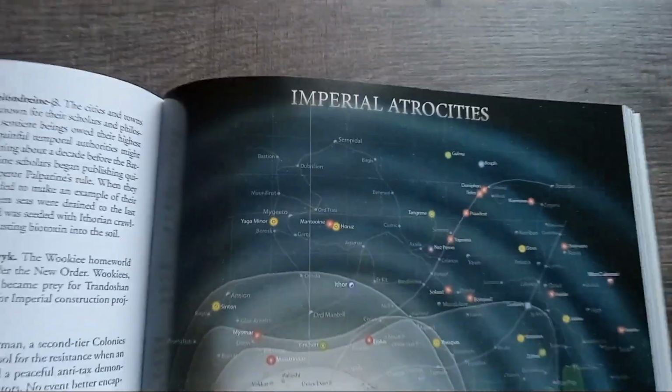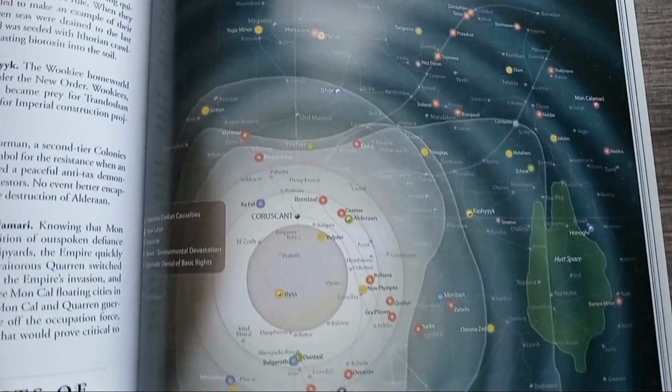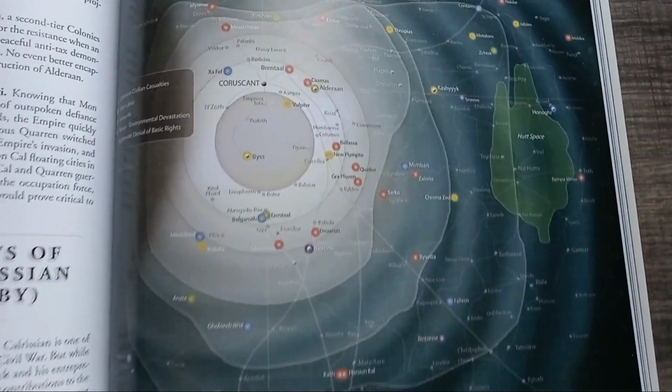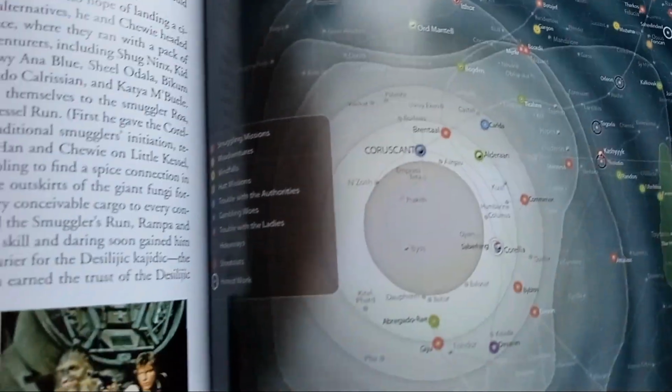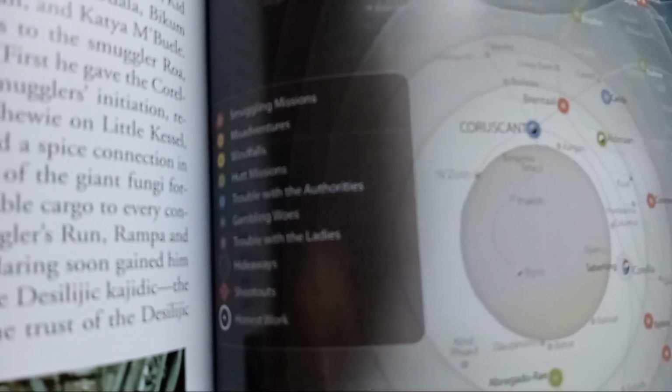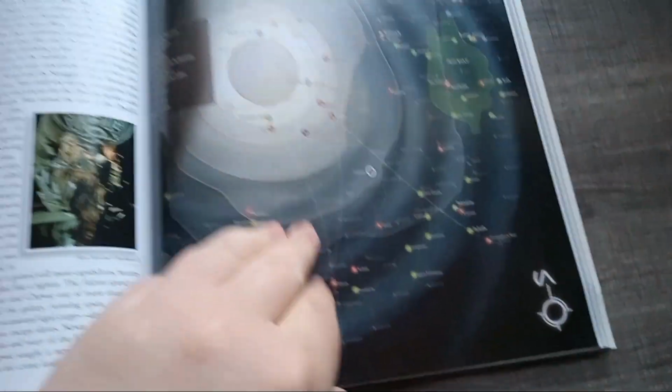Imperial atrocities. Okay. Sites of Imperials being super scumbags. The Adventures of Han Solo. Okay. Centrality, the corporate sector.